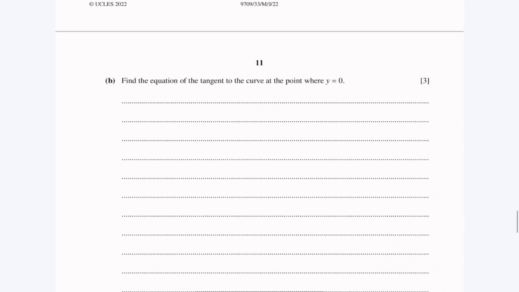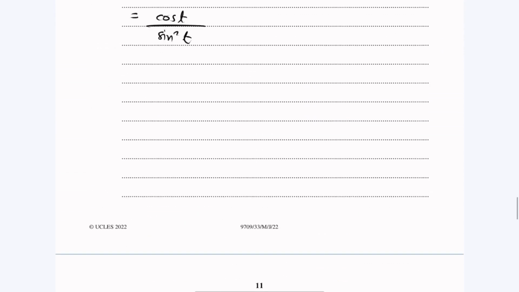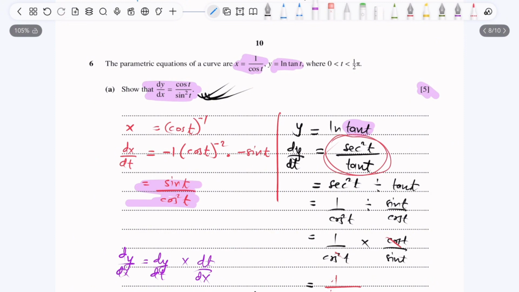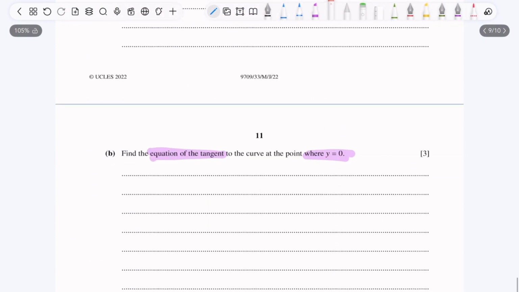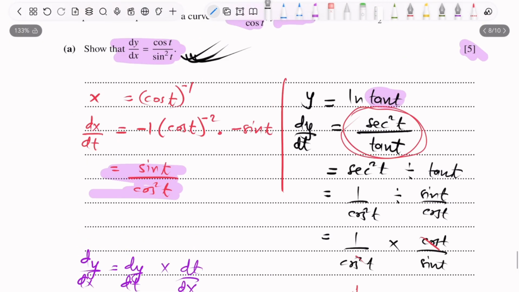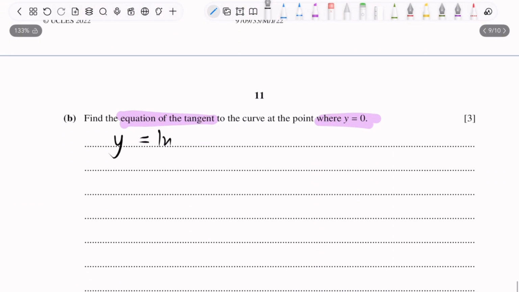The B part said we should find the equation of the tangent where y is equal to 0. Remember, we did one where they gave us the t value, but this one they gave y. So that means the whole argument starts from the y. You know that your y is equal to the natural log of tan t.